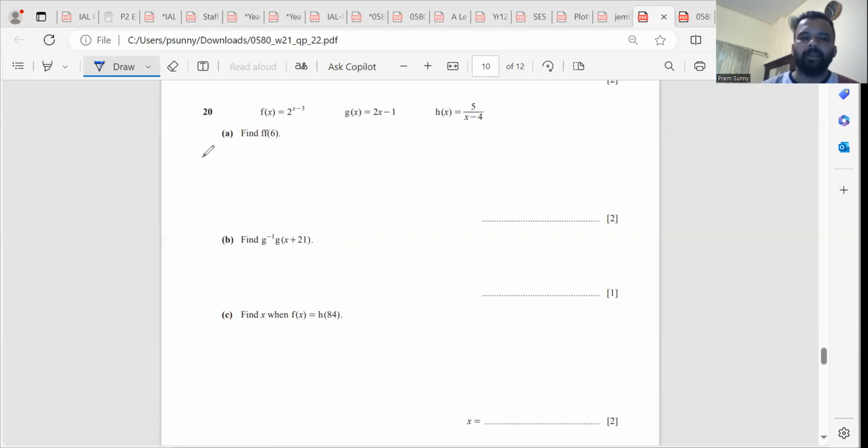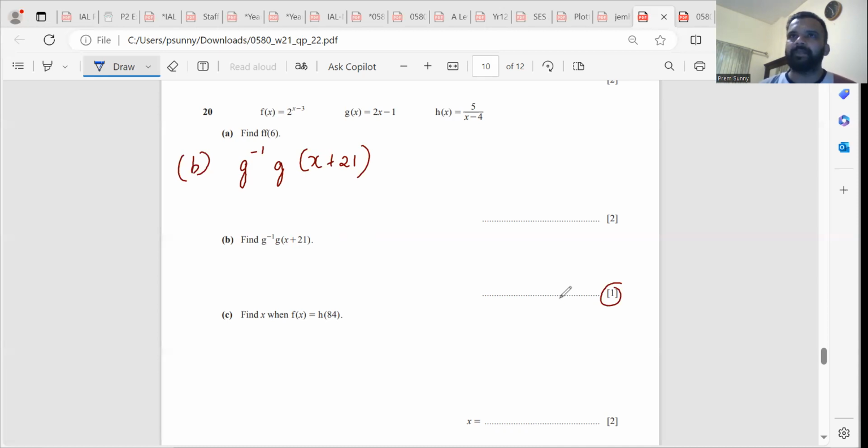Now let's move on to part B here. It is g inverse of g of x plus 21. A function and its inverse will get automatically cancelled. If you actually go about solving this, it will take a lot of time, and you can see the question is for 1 mark.